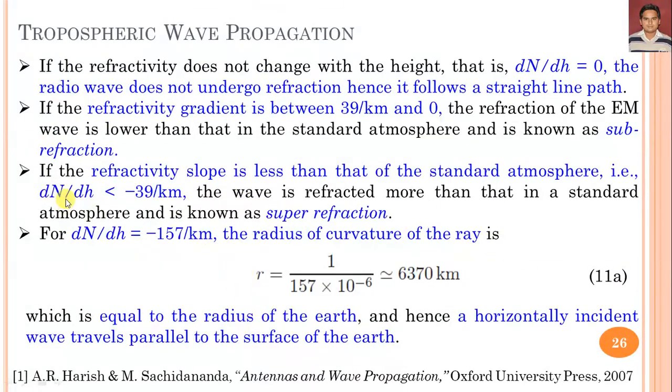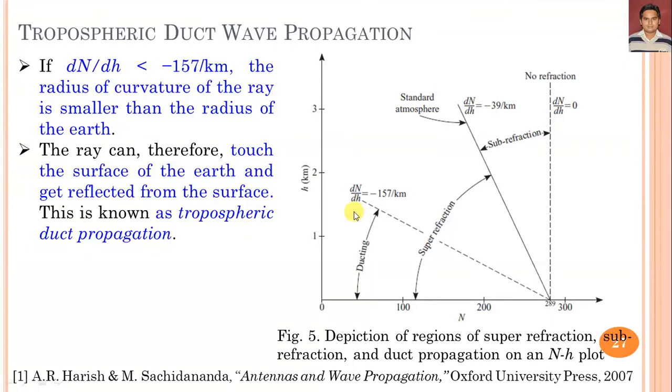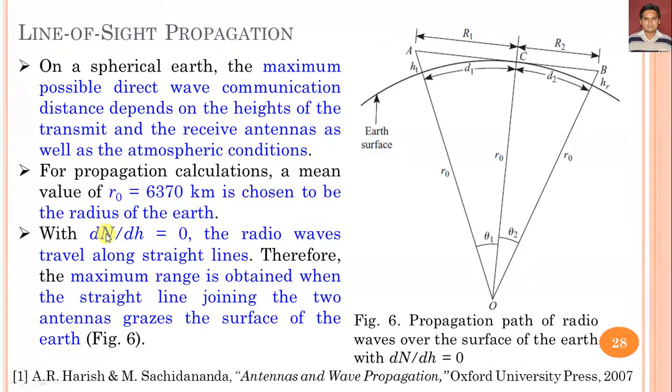Here you can see, when the gradient dN/dh equals minus 157 per kilometer, it means we are considering the case of no ducting. In that case, the radio wave travels in a straight line, and we can calculate the line of sight propagation.